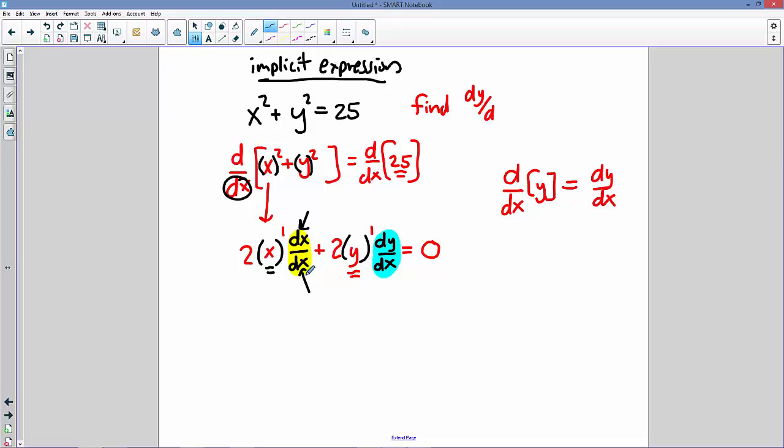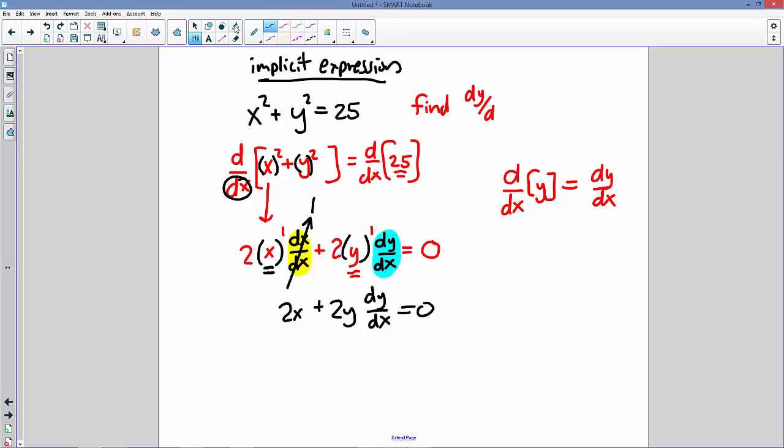Well, that's silly. Anything compared to itself is always the same, right? So that whole expression there just goes to 1. So you can write it if you want. This way you're always doing implicit differentiation every time, or really the chain rule. But it goes away. So I get 2x plus 2y dy dx equals 0.